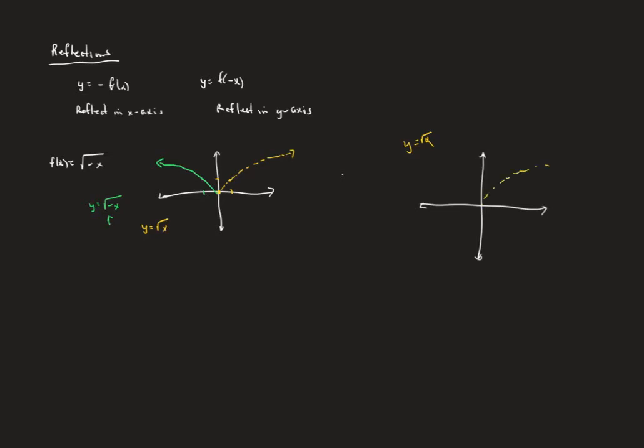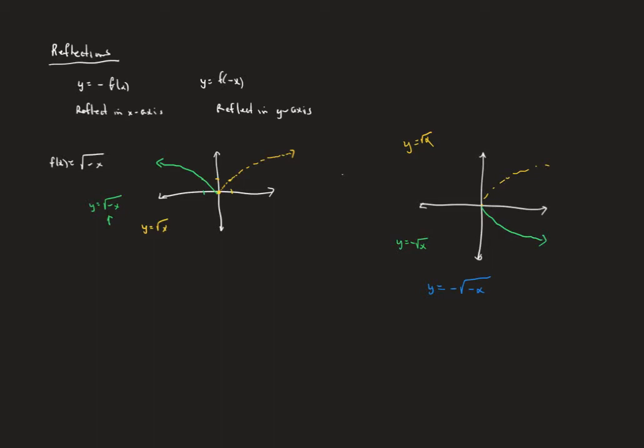That's our parent function. And then if we do y equals the negative square root of x, that is going to be a reflection in the x. If we in turn do something like the negative square root of negative x, that's going to be a double reflection, and the order you do it in doesn't matter.